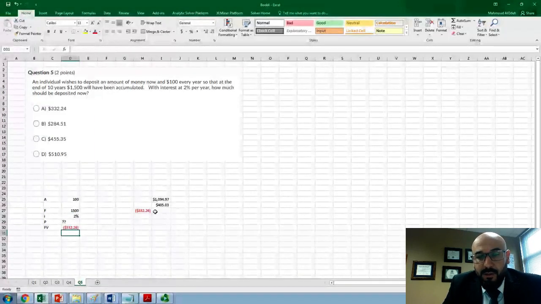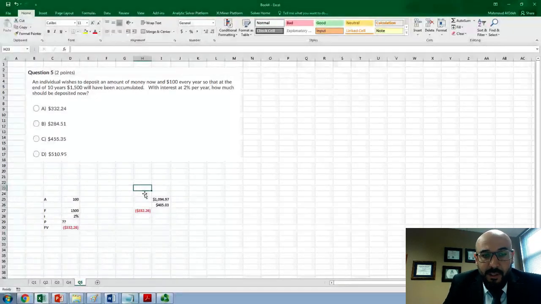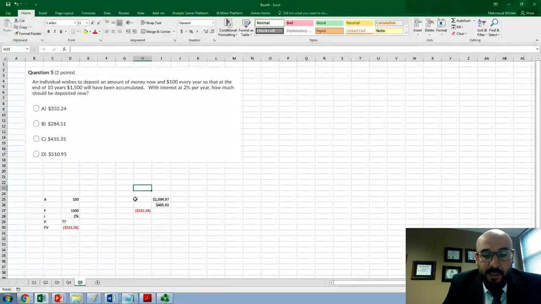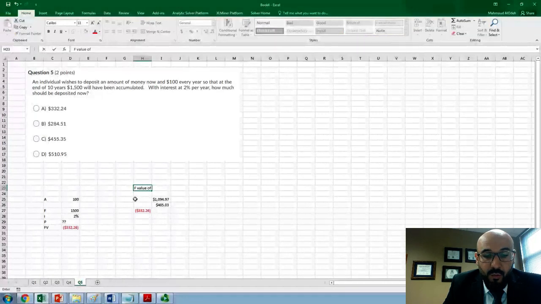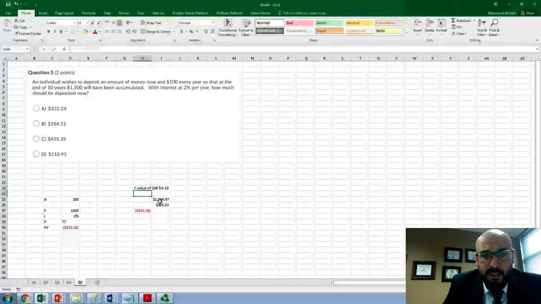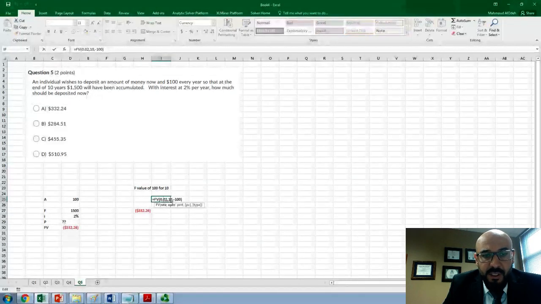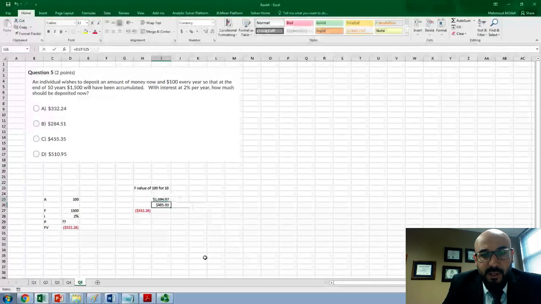What I would like to do is use a different way. The way I'm going to use here will give you the same answer, but it first finds the future value of $100 every year for 10 years. Using FV, 2%, 10 years, minus $100, this is the future value.